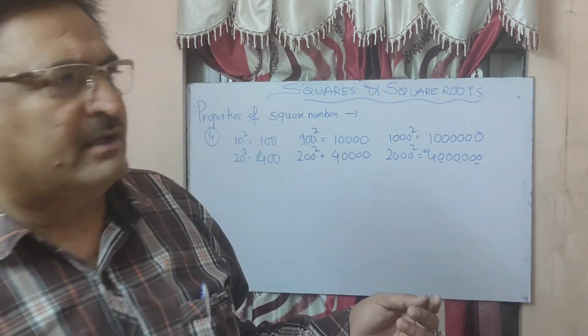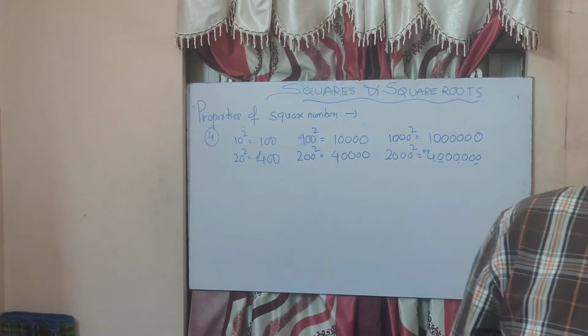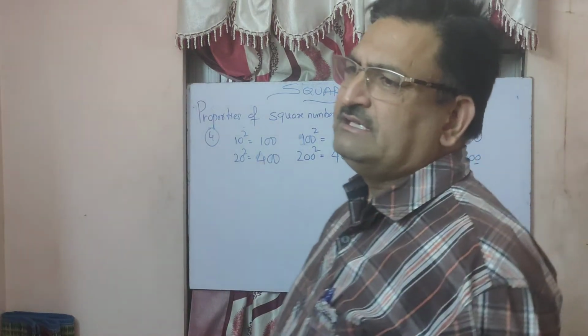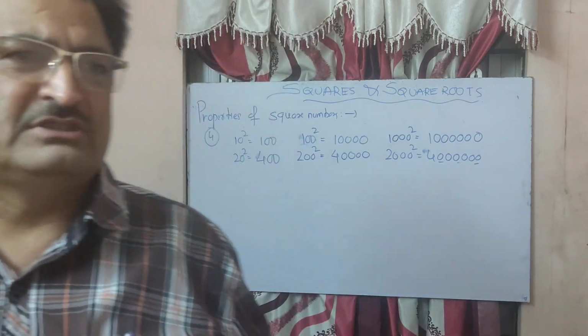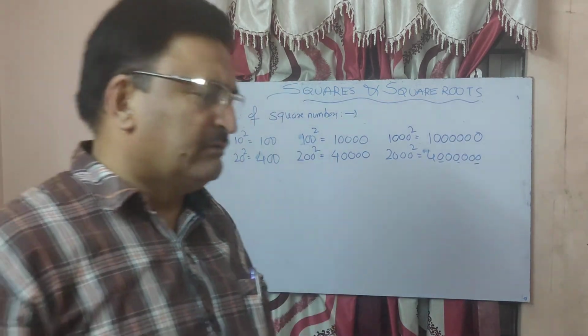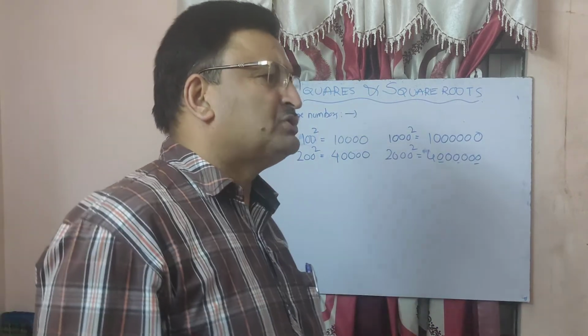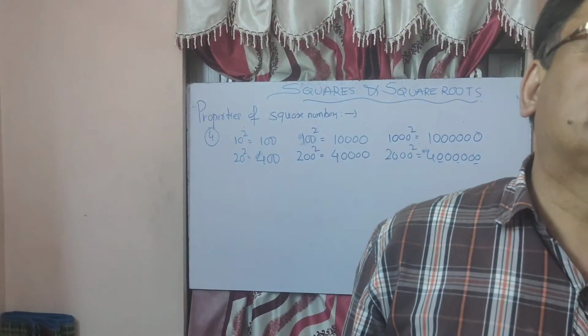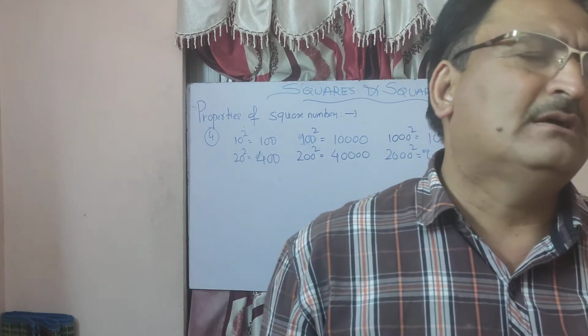Means the number of zeros is always even. If the number of zeros is odd, it is not a perfect square. To be a perfect square, the number of zeros must be even.